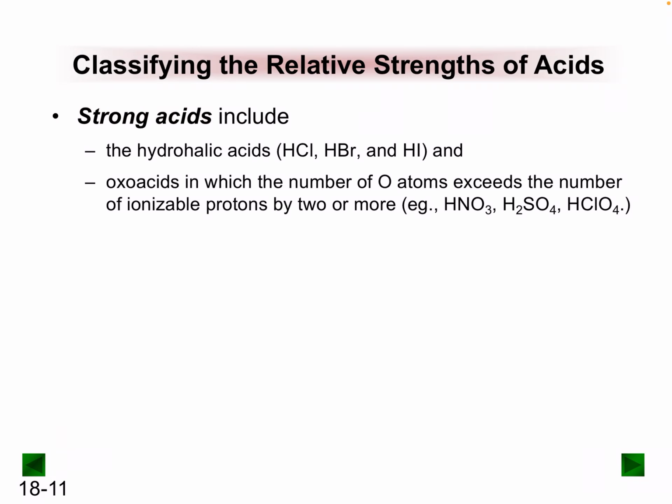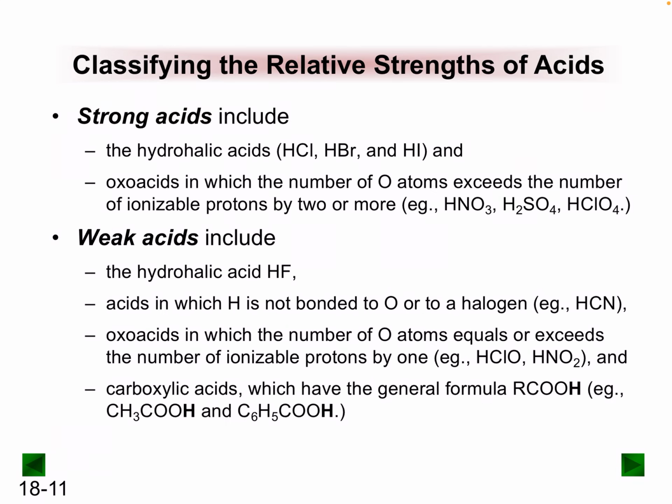Okay, classifying the relative strengths of acids. Now here's another way we can look at, by glancing at an acid, whether it is going to be a strong acid or a weak acid. Strong acids include the hydrohalic acids. Halic acids come from halogens. Halogens are the elements you find in group 7 of the periodic table.